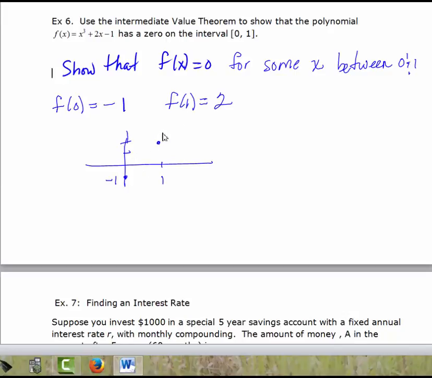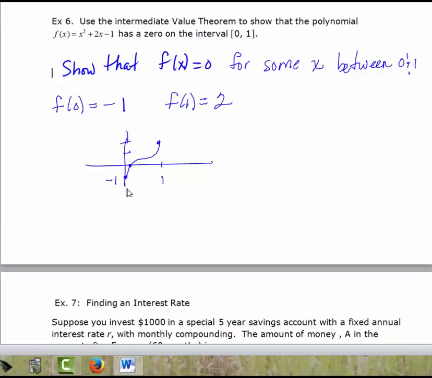If this is a continuous function, no matter what the shape is, whether it is a straight line or a curve, it could curve more than once, but every single one of the functions that I drew had to have crossed the x-axis.